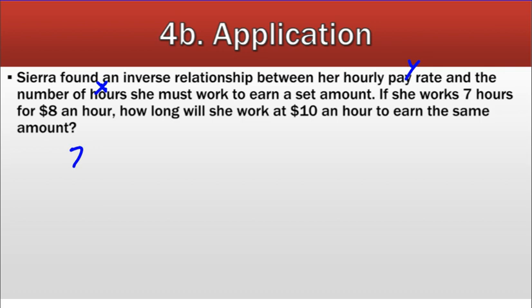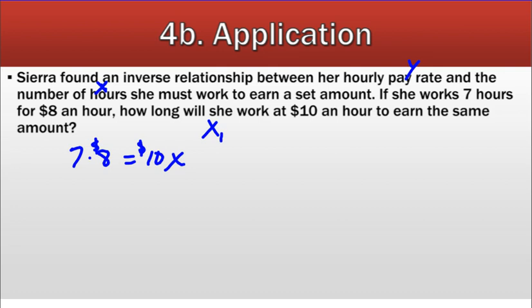So 7 times 8 equals your $10 times, we could just say we're looking for the amount of hours. So the hours is your x, so I'm going to put an x here.